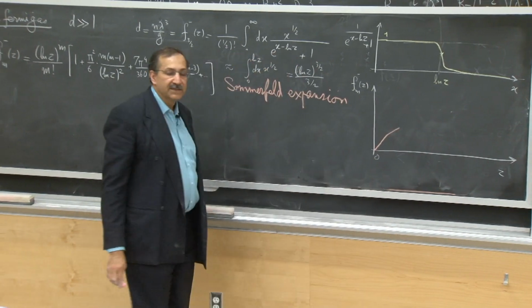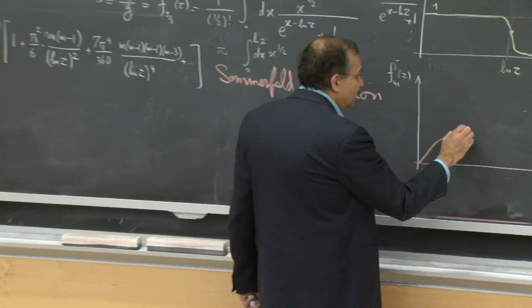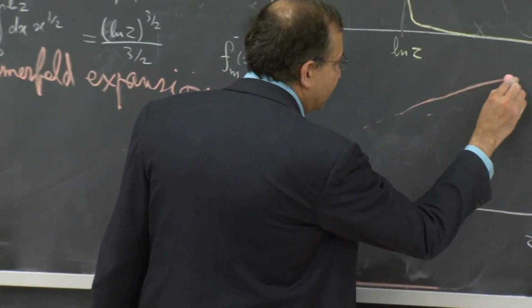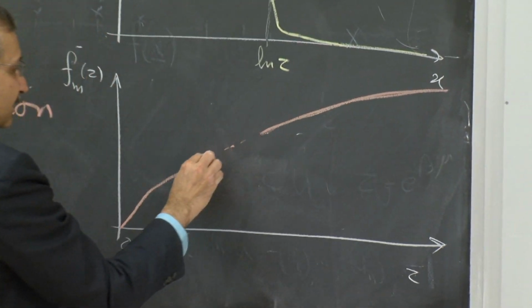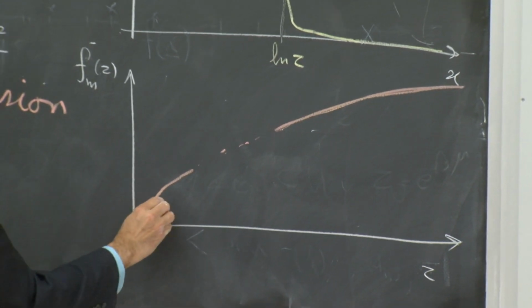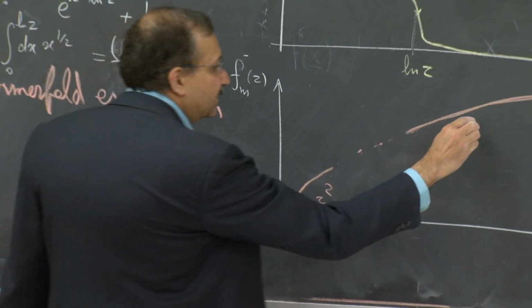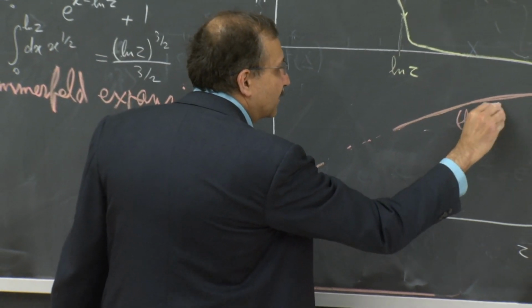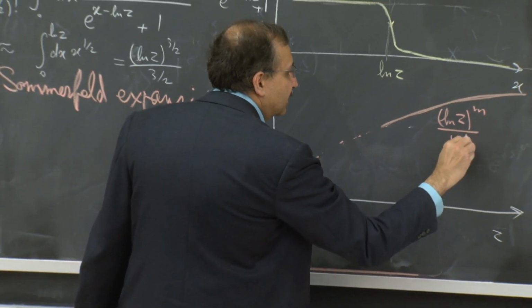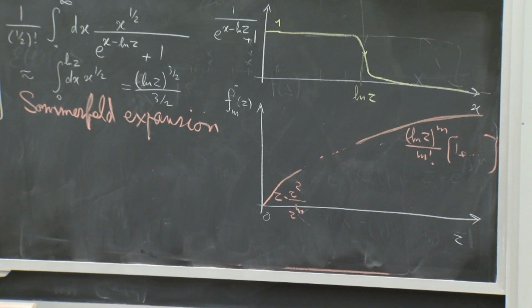You start to bend in this direction, and then you have higher order corrections. But we see that at large values it keeps growing, and the growth at large values is this. So here you have z minus z squared over 2 to the power of m. Out here you have log z to the m over m factorial, and then these corrections from the Sommerfeld expansion. Okay?